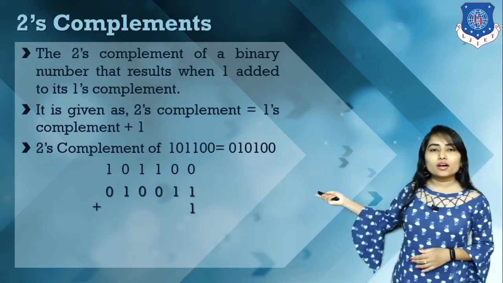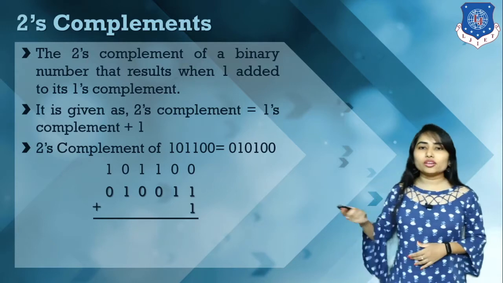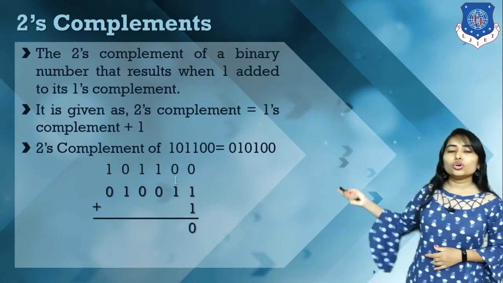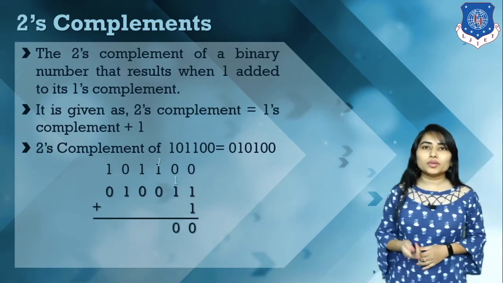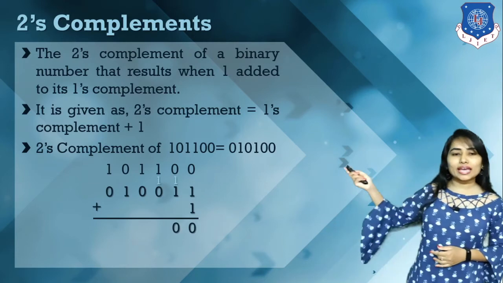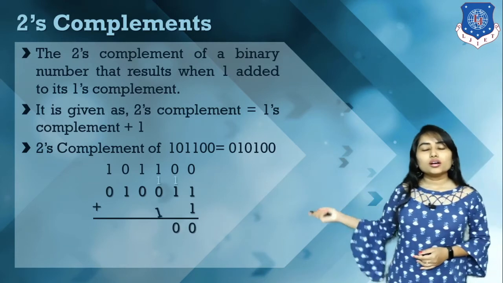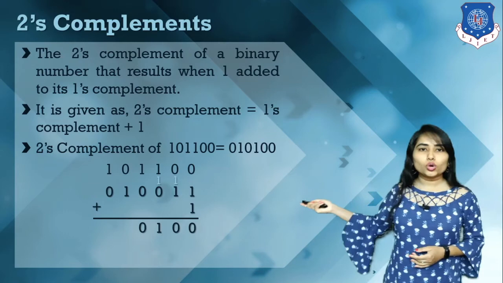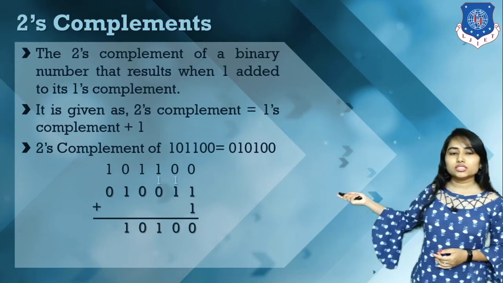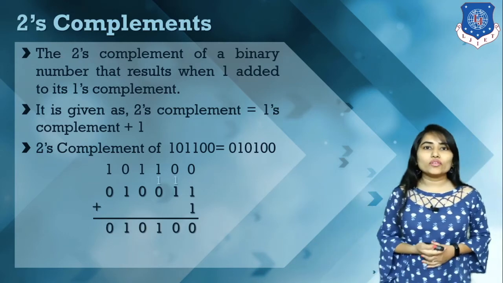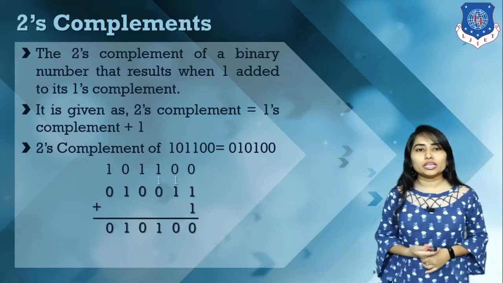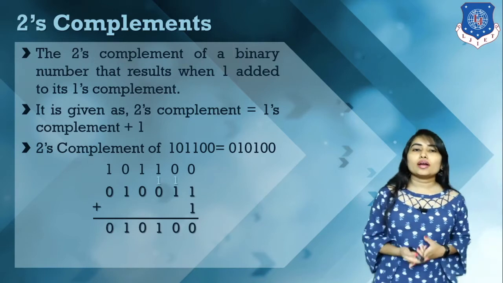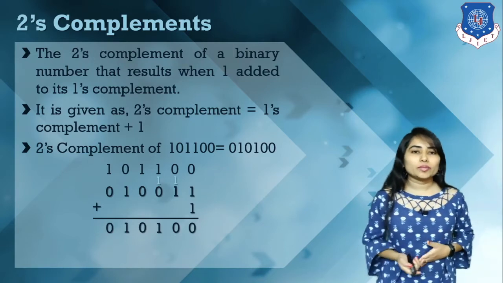So we have our 2's complement: 1 plus 1 is 0 carry 1, 1 plus 1 is 0 carry 1, and then 010. This is how we calculate 2's complement by adding 1 to the 1's complement.